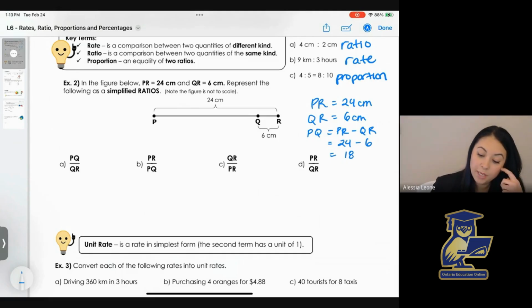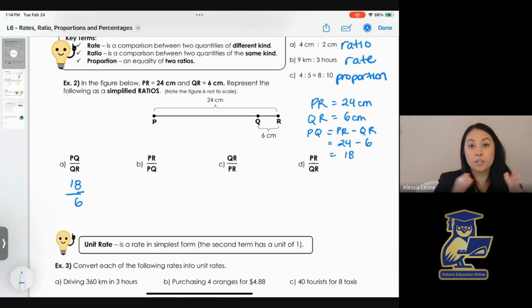So then we know PQ is 18. Now that we have all of those numbers, we can start making our ratios. So PQ over QR will be 18 over 6.